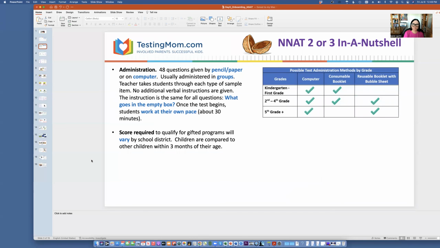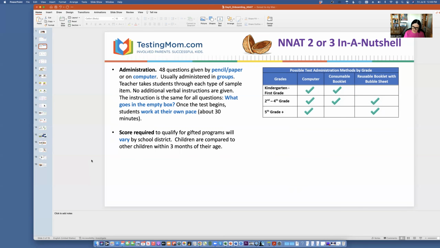Okay, so in terms of administering this test, there's 48 questions. It can be given pencil to paper. It can be given on a computer. As I said before, it's usually administered in groups. And the way that it works is that the teacher gives the child a few examples to work through of each type of question.